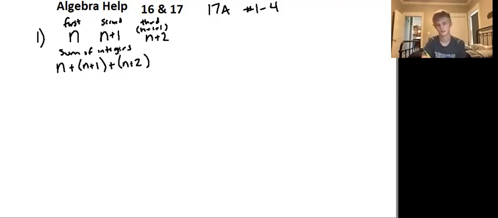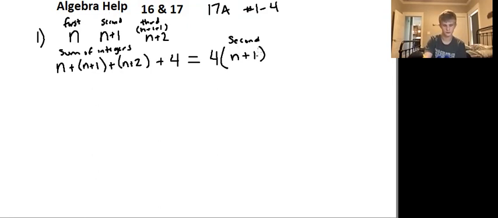So the sum of the integers, and then I'll pause and write that, plus 4. So this is my sum of the integers. Now I'm going to just plus 4 is equal to, so that gives me that equal sign, 4 times the second integer. So our second integer, we're going to go up here and look, that was the n plus 1. So I can fill in the second integer part with n plus 1.